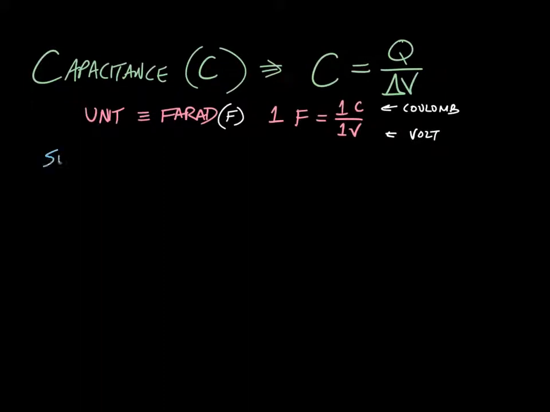Remember our surface charge density. We did this a while back. And we would write that with this sigma, the symbol for surface charge density, and it's just charge per unit area, right?